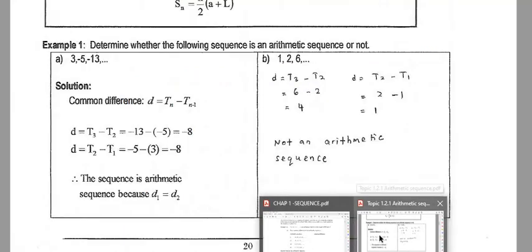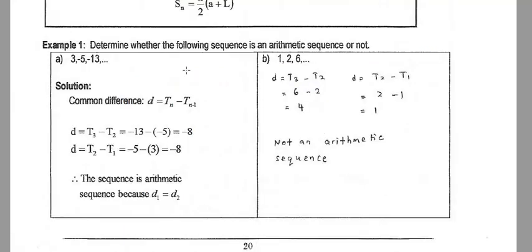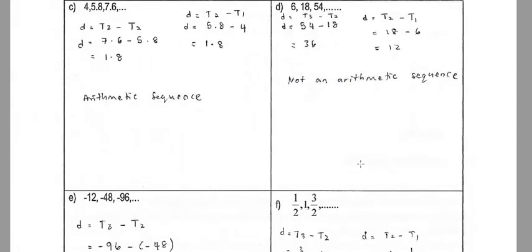So, we can use that fact to determine whether the given sequence is arithmetic or not. Okay, this example. 1, 2, 6. 2 minus 1 is 1. 6 minus 2 is 4. So, our conclusion, this is not an arithmetic sequence.